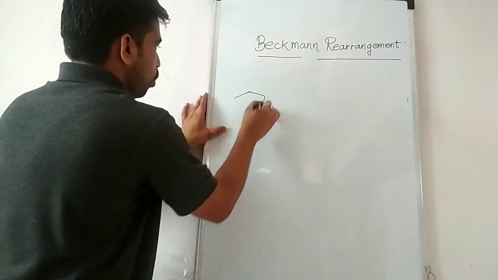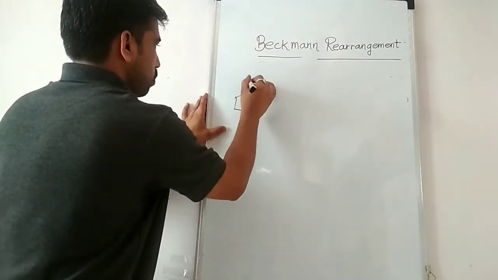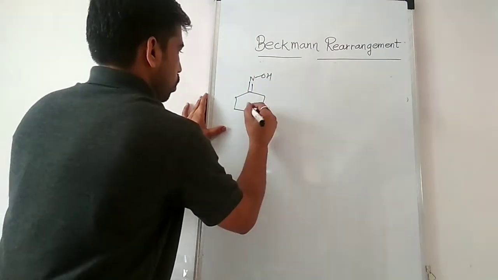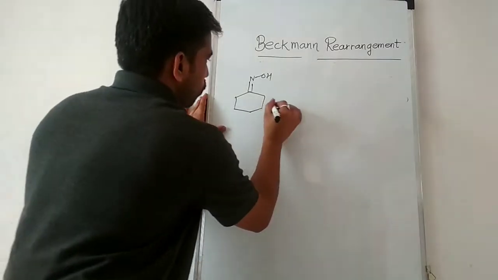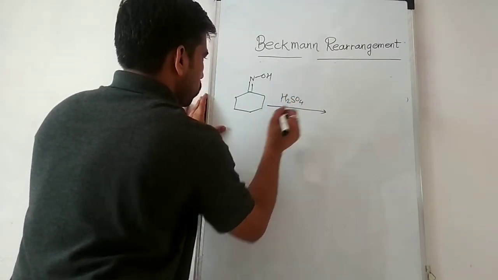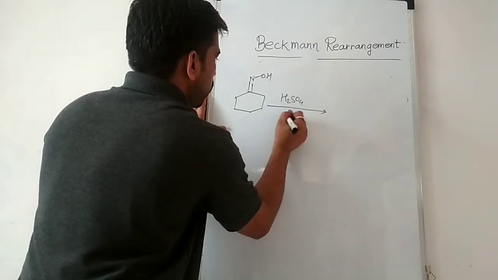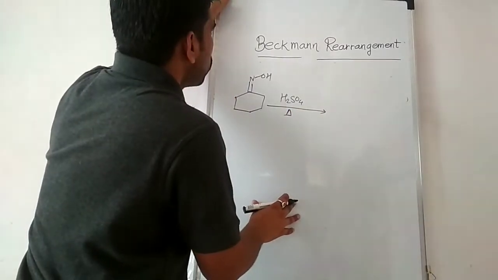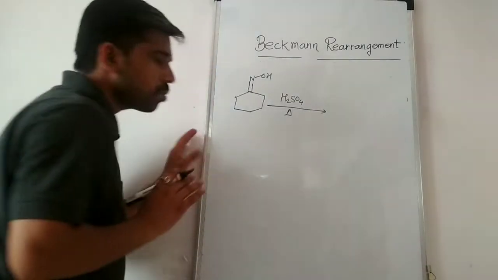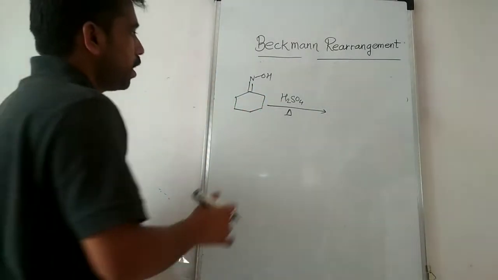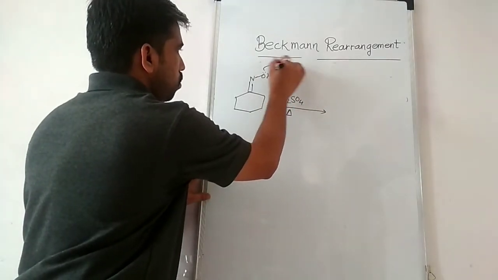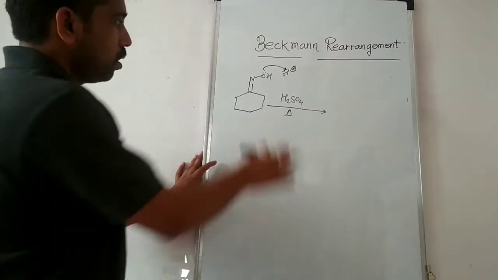Let's take an example of this oxime, in the presence of H2SO4 and heating conditions. Again the first step is the same, abstraction of the proton from the acid.